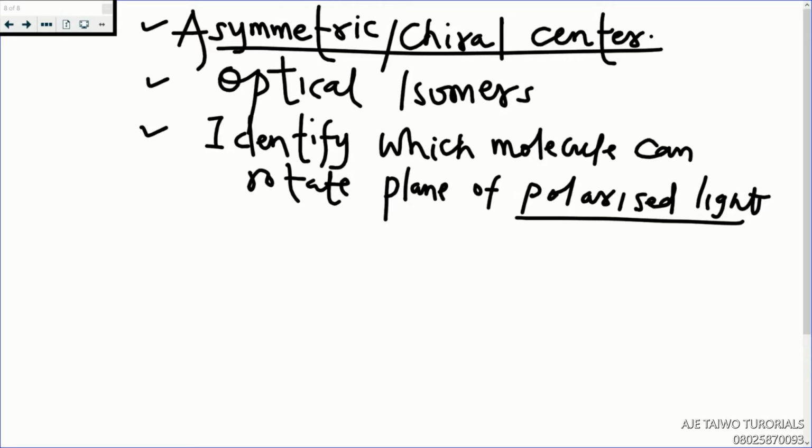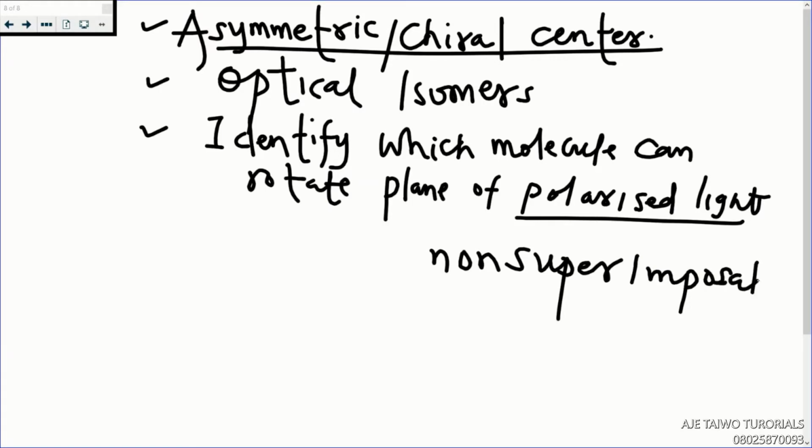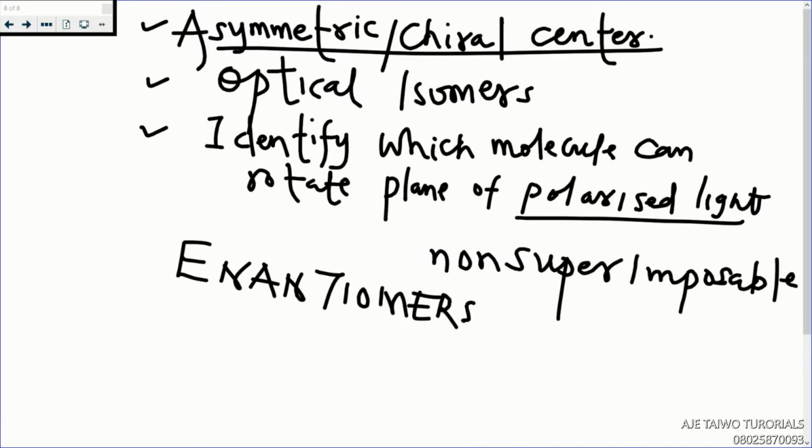Let's write. Paragraph. Molecules that are non-superimposable mirror images of each other are called enantiomers.